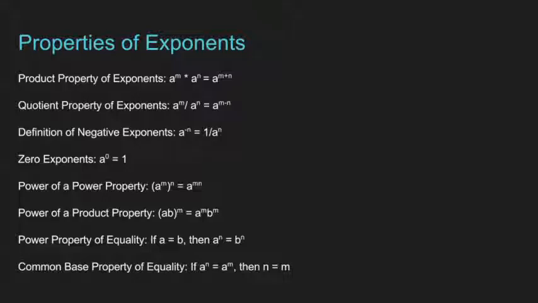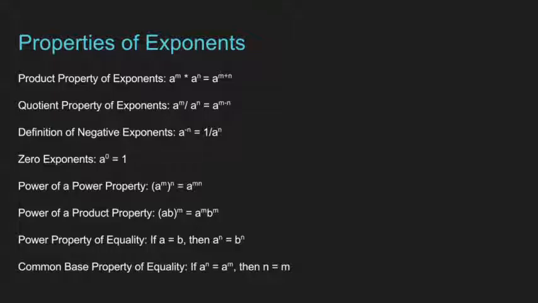There are many properties in mathematics that can help one determine the way an exponent will work. The first of these is the product property of exponents, which means that a to the m times a to the n is equal to a to the m plus n.